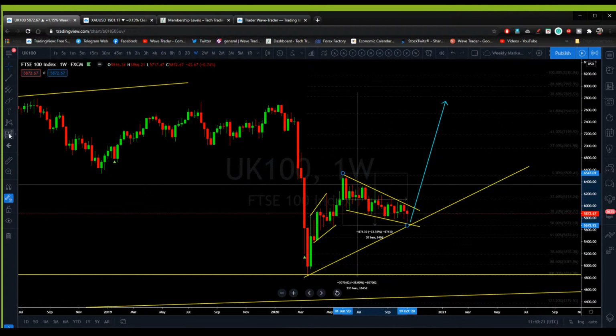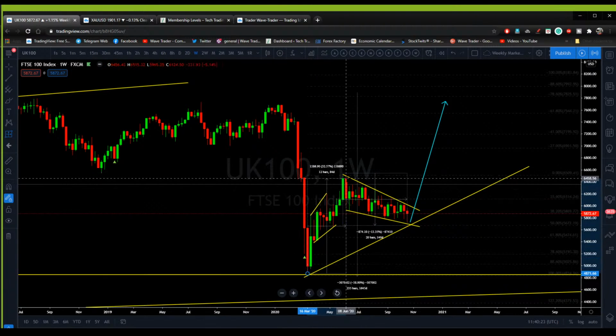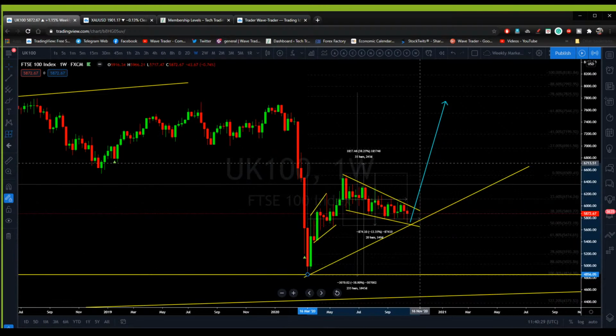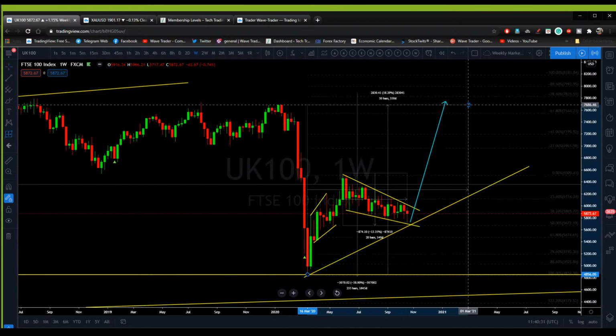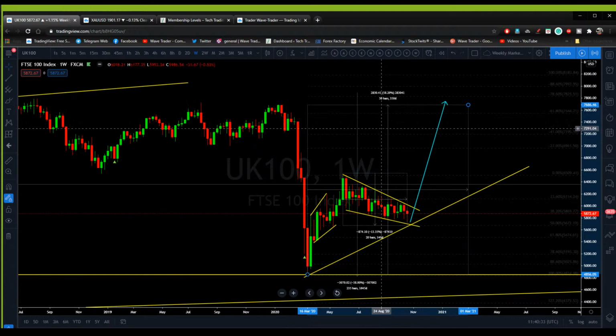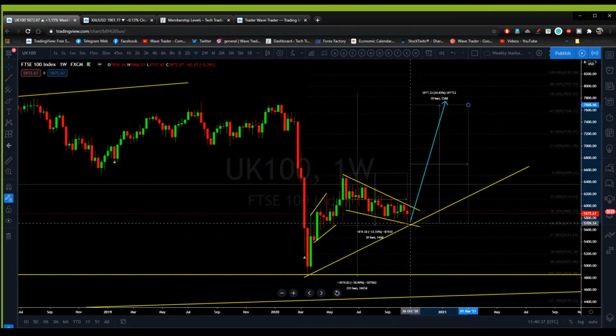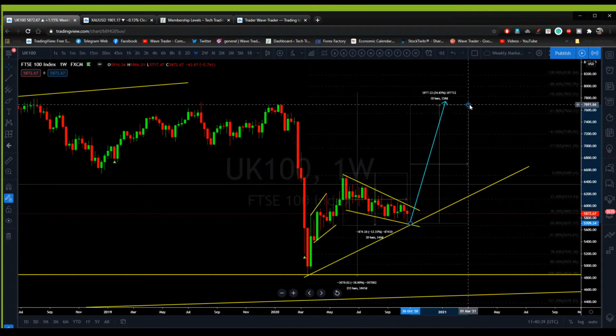We have seen only 32% strength on the UK 100 index. It can go all the way up to the previous top, which means 60% strength, and from the current price we can see another 35% strength.